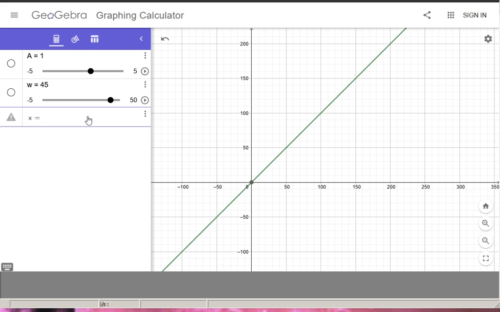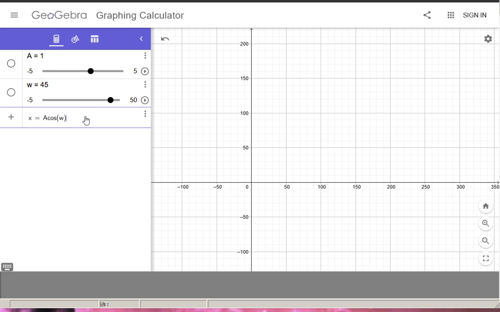x equals a cosine w, comma, y equals, I don't know if I can do this or not. y equals a sine w.